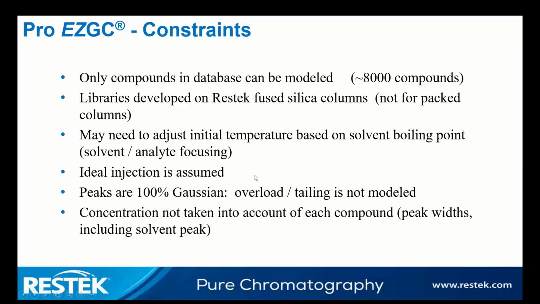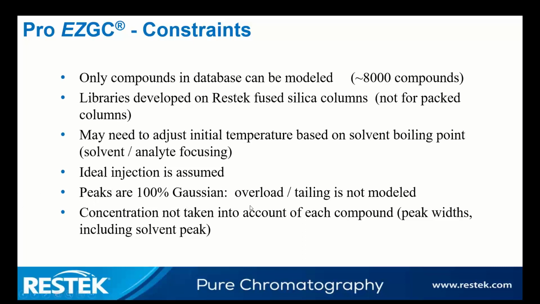This does assume that it's an ideal injection. So high temperature headspace work, where you're going to have a lot of DMSO, can actually affect the chromatography as well. And we're assuming that it's 100% Gaussian. The differences, of course, are not that great from what we show, but it may be the difference between getting a partial resolution and no resolution at all.